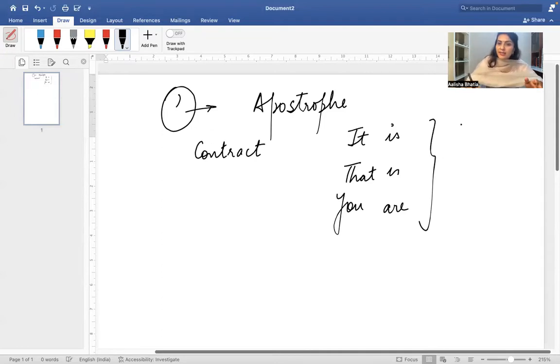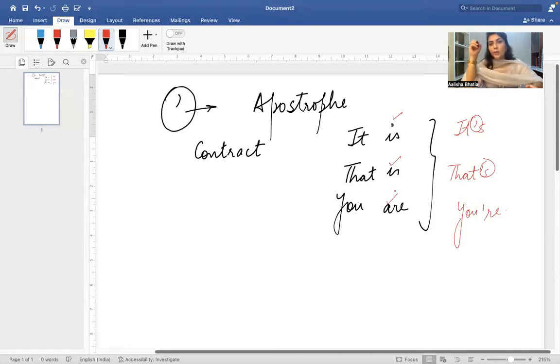Now this, it is, becomes it's. So it will be it's, that's, you're. What we are doing here is that the letter I'm skipping, in this case A, I'm replacing with an apostrophe. Can we skip more than one letter? Yes, we can.